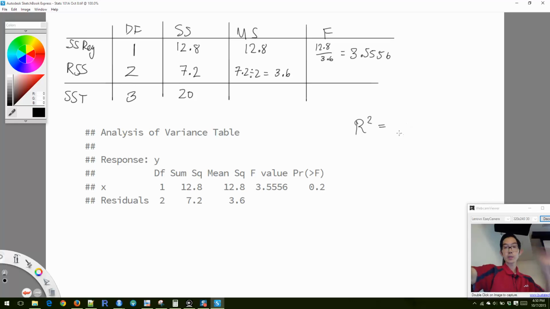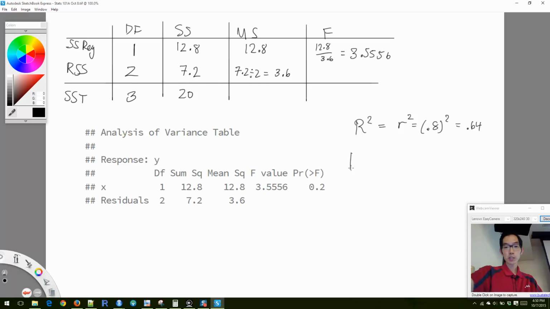If you remember, r squared for linear regression is going to be little r squared. So our correlation was 0.8, and we have 0.64. Over here, we can also think of this as how much of the total variation, or total sum of squares, is accounted for by the model.